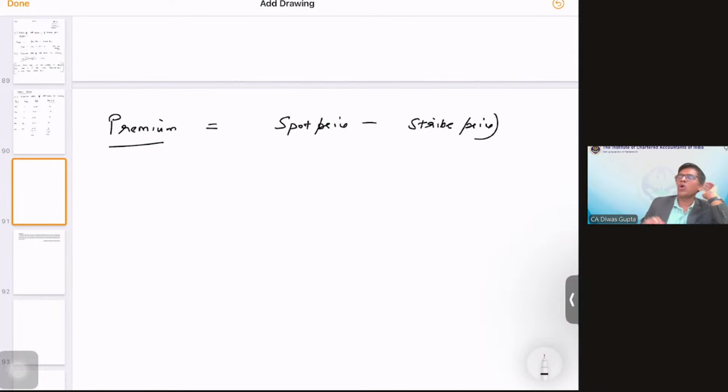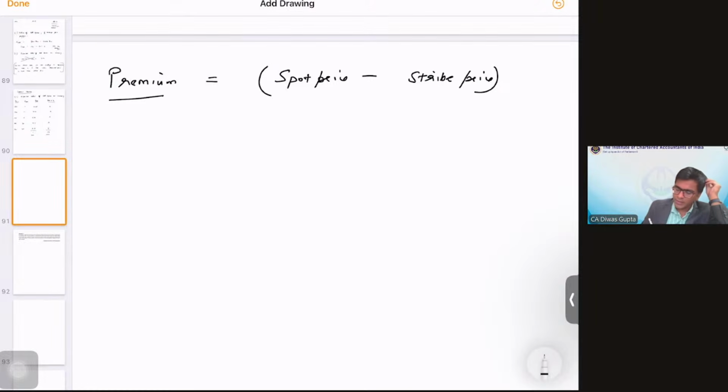I'm not getting into call or put because whether it is call or put, you will be comparing your spot price with the strike price. And this is adjusted for certain things.